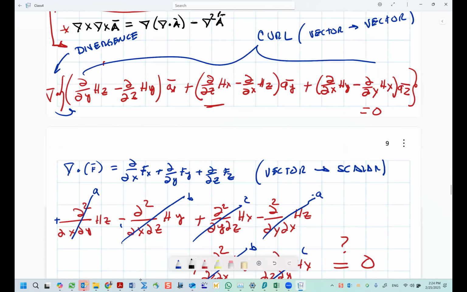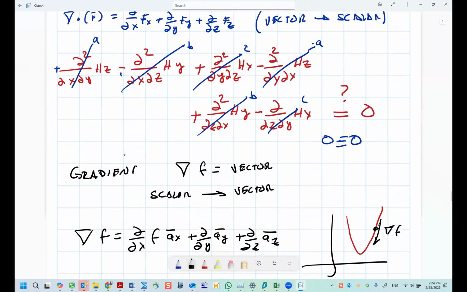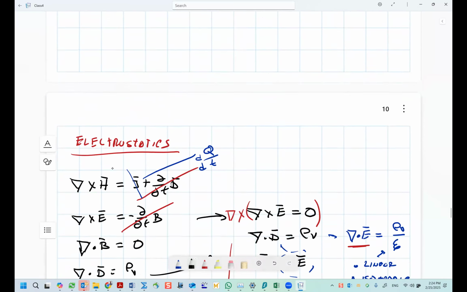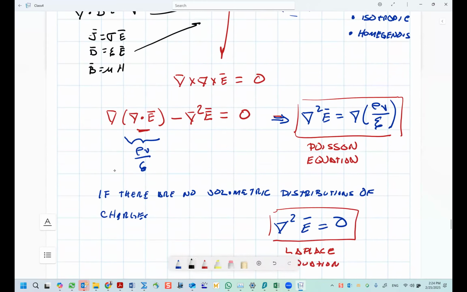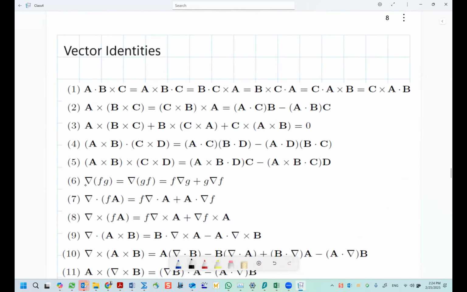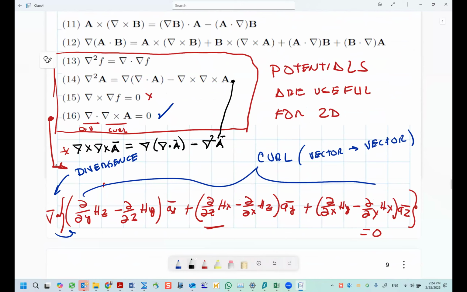Let me get one of these equations. The one that I want is this one. Let me see if I can simply steal it from here.